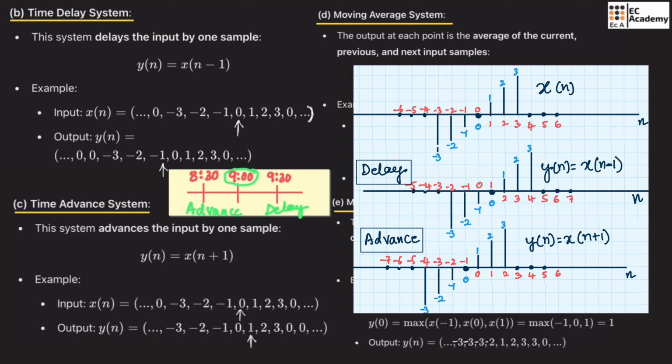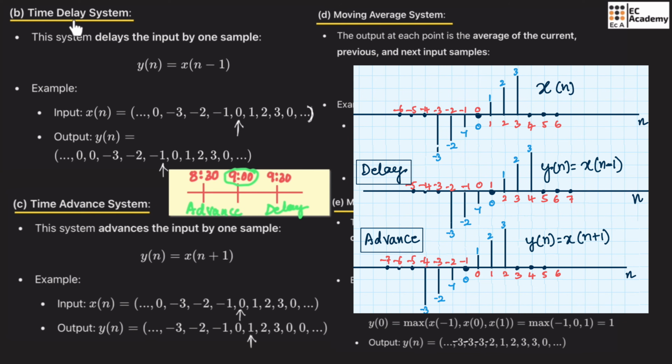So this sequence has to be shifted towards the left side by one position, which means this 0 will shift to 3, 3 will shift to 2, 2 will shift to 1, 1 will shift here, 0 will shift to this point, minus 1 will shift to this point, minus 2 will shift to this point, and minus 3 will shift to this point. In that case, the origin will be at 1. So as you can see, this is the output sequence.